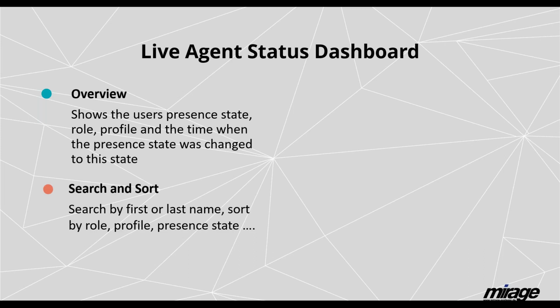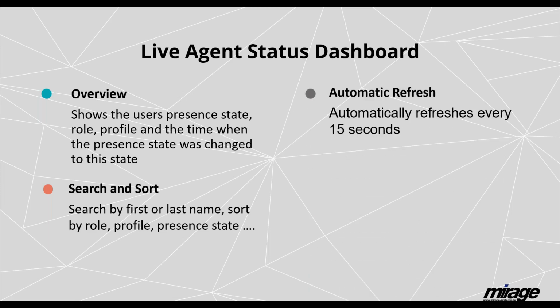For example, you can search for colleagues by first or last name, or a supervisor who wants to know who is available at the moment can search by present state. Then we have an automatic refresh, which means you do not need to refresh the page manually. You can just keep the dashboard open as a tab in the browser and take a look as you need. The dashboard refreshes automatically every 15 seconds.